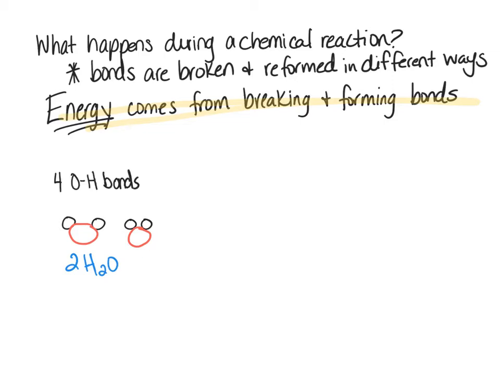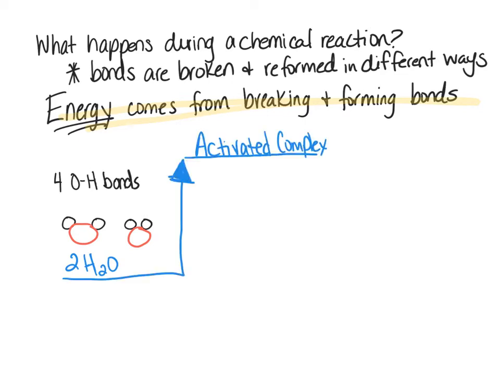If I were to use a process called electrolysis, where you drive some electricity into the water, I could decompose the water into hydrogen gas and oxygen gas, its separate components. When I put the water through this electrolysis, I'm adding energy into the system.